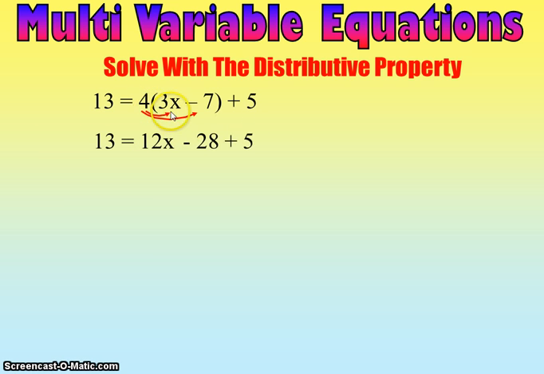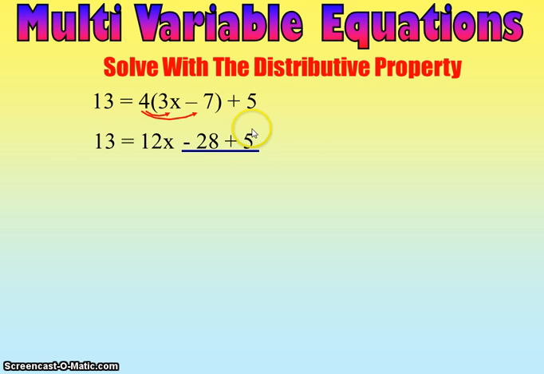So we're doing 4 times 3x and then 4 times negative 7. So 4 times negative 7 gives us a negative 28, and then we're left with a plus 5 over here. We're not going to do anything with that. So all we did in step 1 here was 4 times 3 and 4 times negative 7. So we're left with this equation.